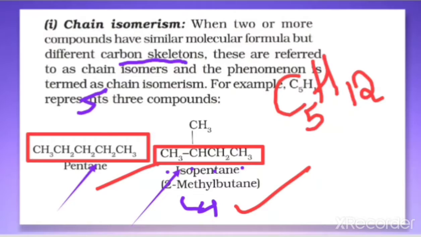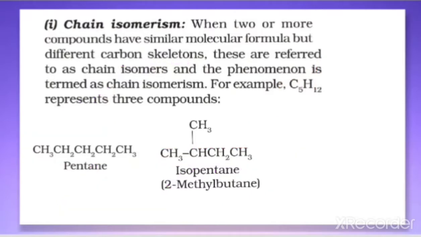And even though they have the same number of carbon and hydrogen, that is the same molecular formula, they still differ in properties, both physical and chemical. So such compounds, these two, are called isomers.